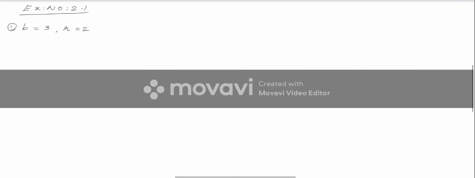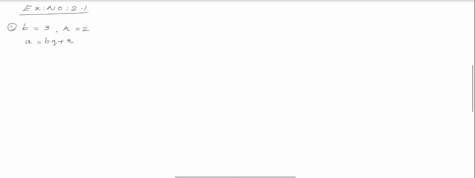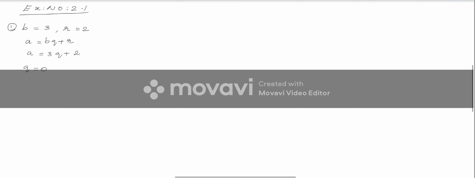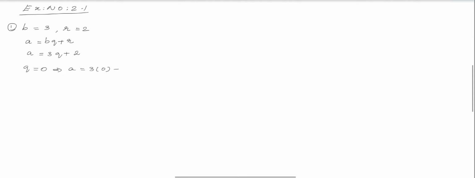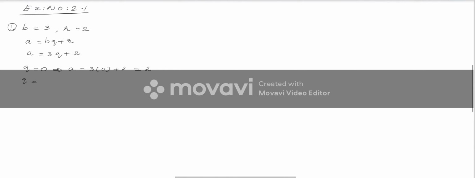What is your lemma? Tell me. It is A is equal to BQ plus R. Right? And now we'll just write down whatever is given. It is A is equal to 3Q plus 2. When quotient is 0, then your A is equal to 3 into 0 plus 2. So what do you get? 3 zeros are 0. 0 plus 2, it is 2. And now your quotient is 1.